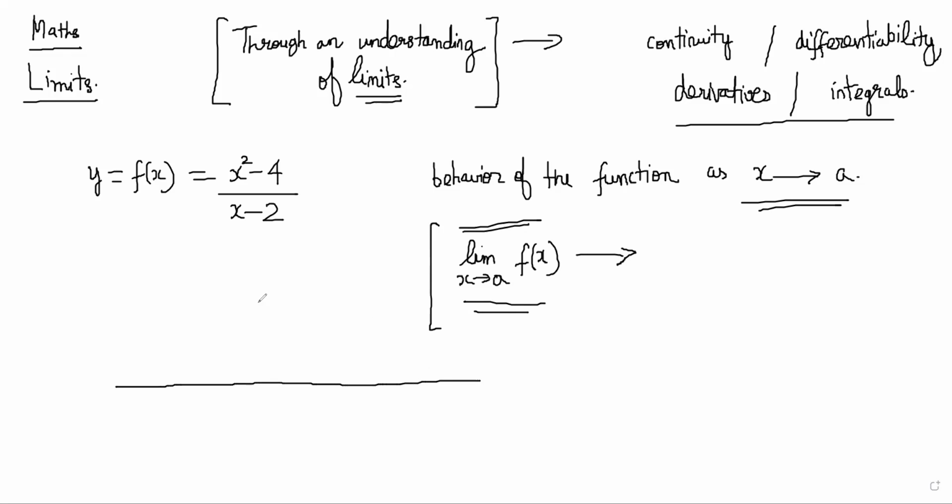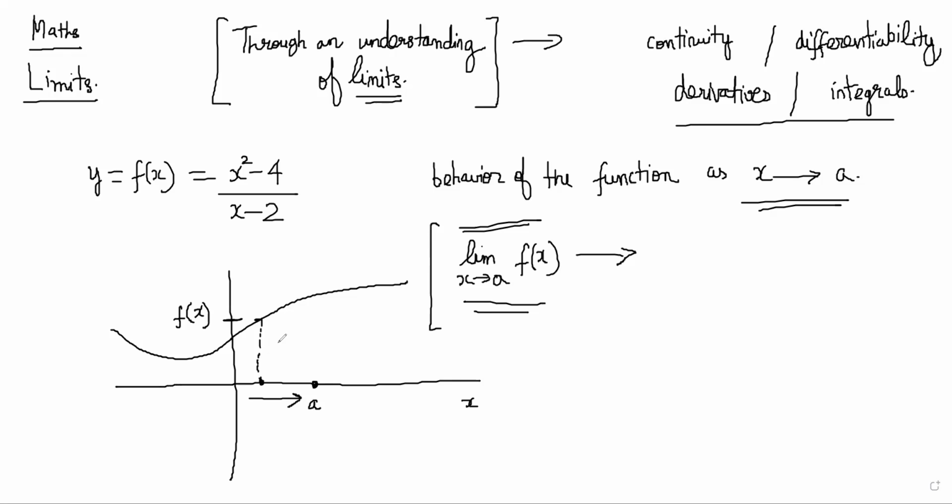We'll say this is my x-axis, and let's say this is my function, and this is my point A, near which we want to find out the limit. So if you bring your x close to A from here, when x was here, the value of the function was this value, f of x. So when x becomes closer and closer to A, you will see that the values are increasing slightly.